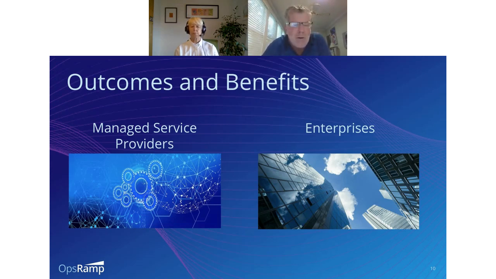Another example, and I think you and I have talked about this before, we work with a lot of traditional OEMs, traditional hardware, software providers. The M is for manufacturers. With software you're not manufacturing, but they're having to change their business model to stay competitive, and a lot of them are starting to move towards almost becoming MSPs, offering what we call X as a service, anything as a service.